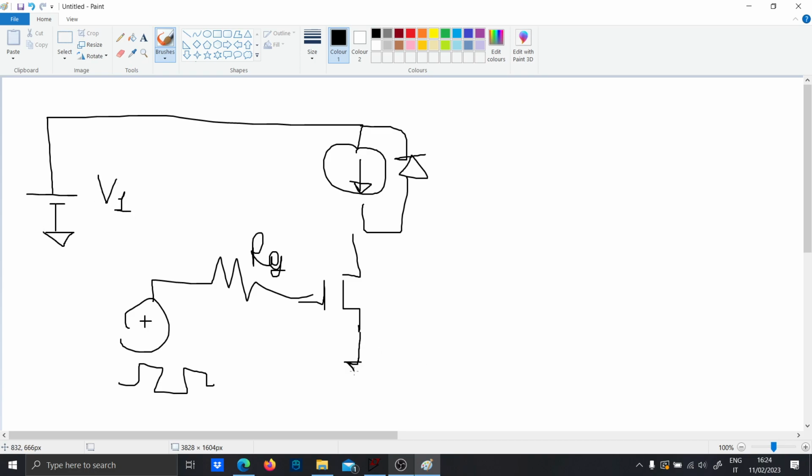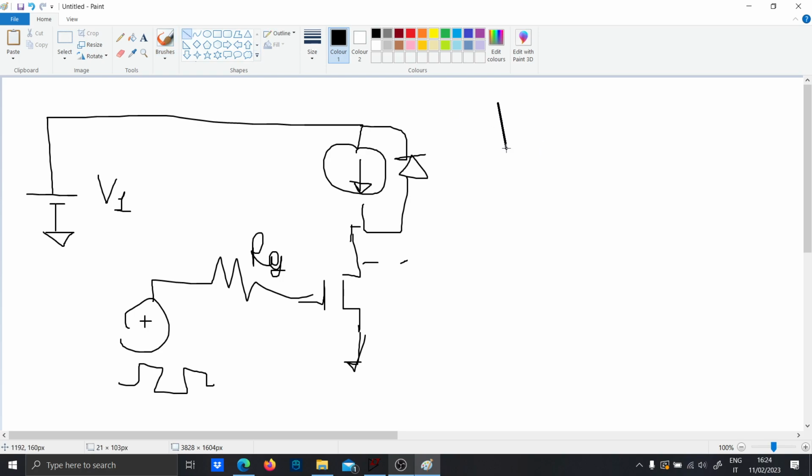You can even put a diode here with another voltage. Anyway, there are so many circuits, but today we'll analyze just the simplest one.